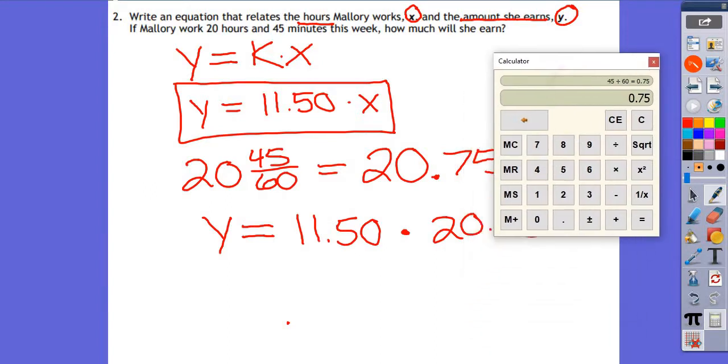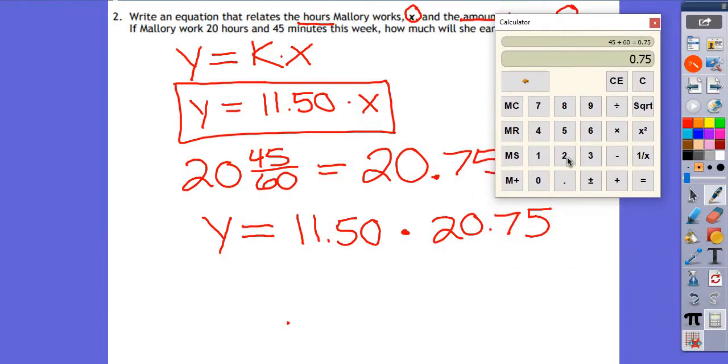I can multiply those two. When I multiply those two, I get Y equals $238. How many cents? 63.